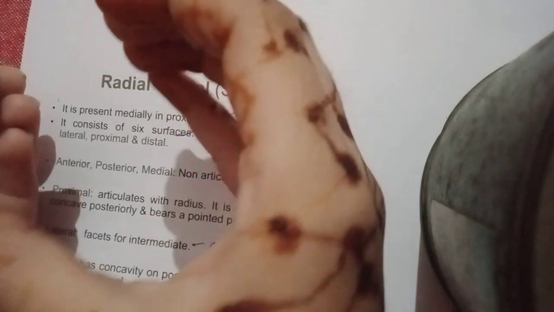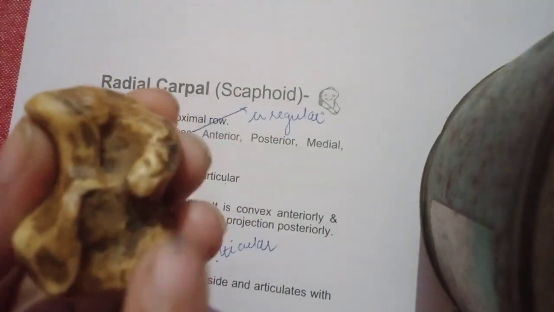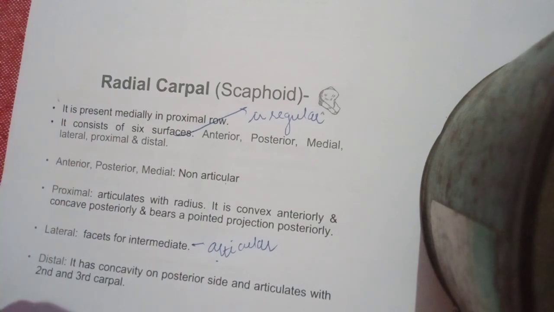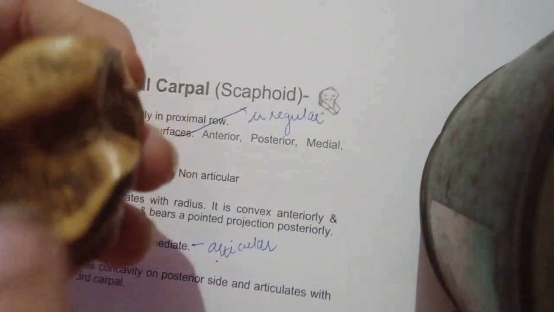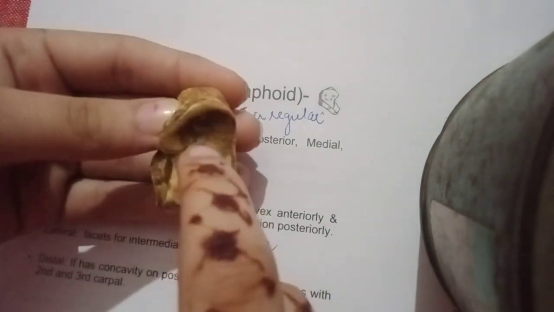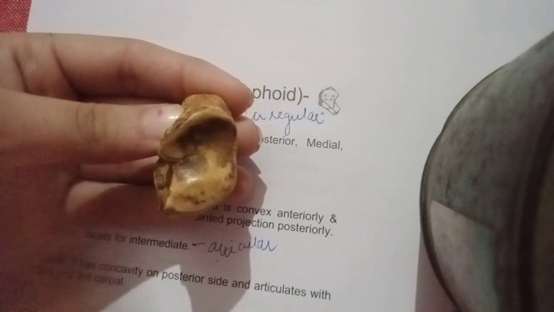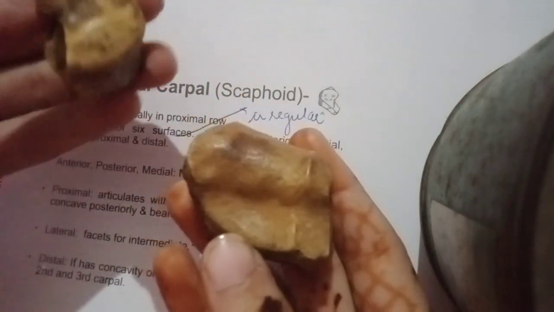Concave जब भी हो ना, आपको ऐसे गुफा दिखनी चाहिए. So on the lateral side, it has facets for the intermediate carpal. ठीक है. And on the distal side, it is concave on the posterior side, and it will articulate with the second and third carpal. This is the second and third carpal.